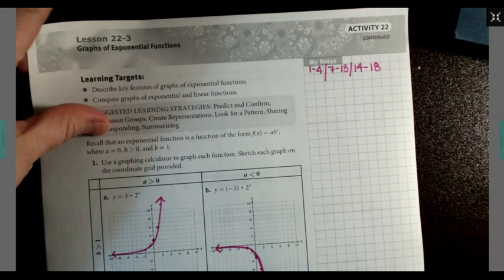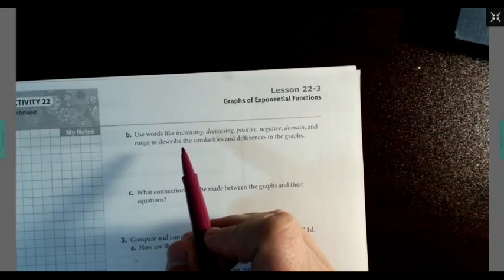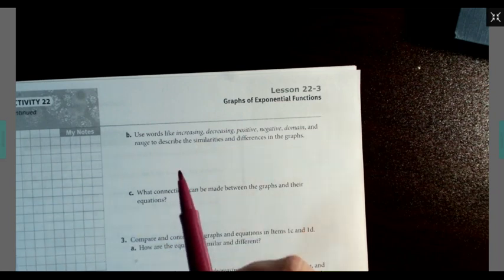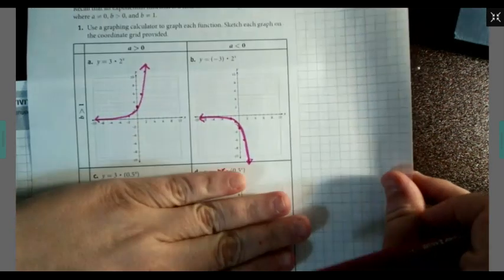Let's take a look at 2B. Use words like increasing, decreasing, positive, negative, domain, and range to describe similarities and differences in the graphs. So again, we're just looking at these 2 right here.